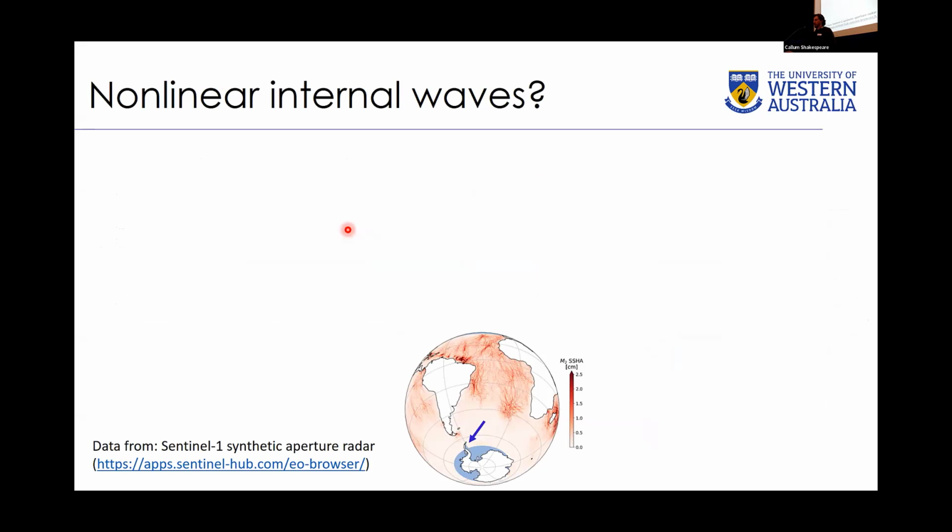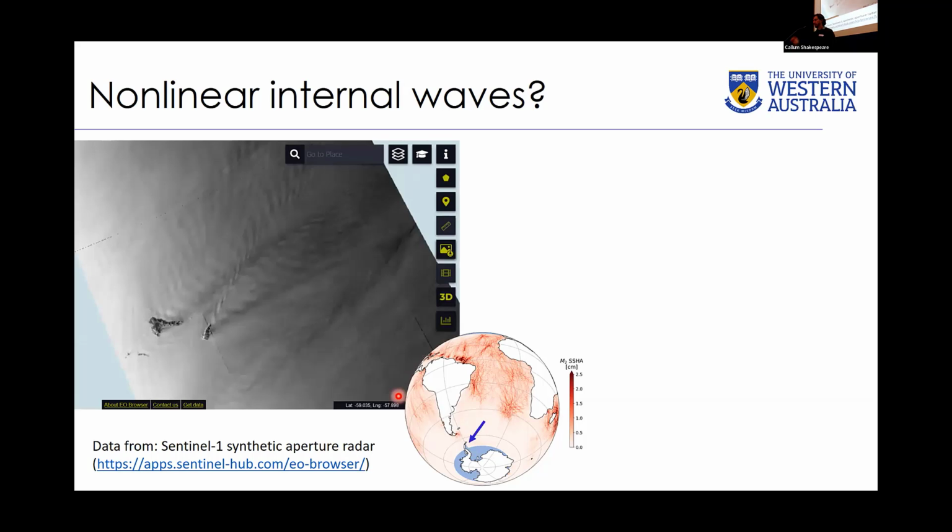So I went back and looked at this Sentinel-1 data and just looked around some topographic regions where I thought there might be some sort of nonlinear internal wave signal. So this is an island off the Antarctic Peninsula here.